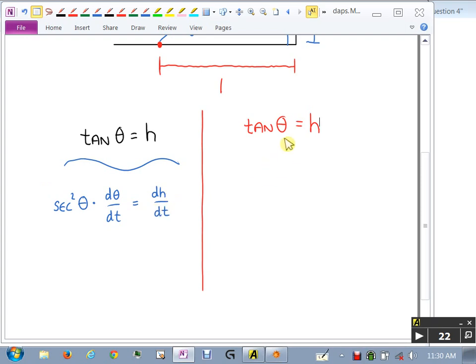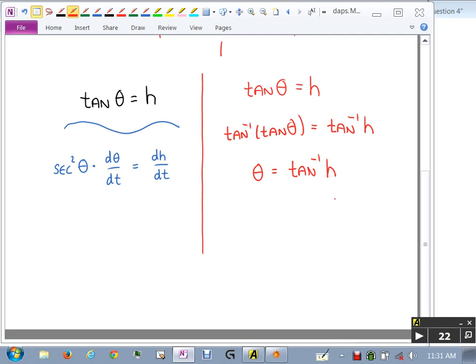So what I'll do is I'll take the arctangent on both sides here before I take a derivative. So if I take the arctangent, what's arctangent of the tangent theta going to be? That'll just be theta, but you have to do it to the other side, arctangent of h, right? So the left side is theta, the right side's arctangent of h.